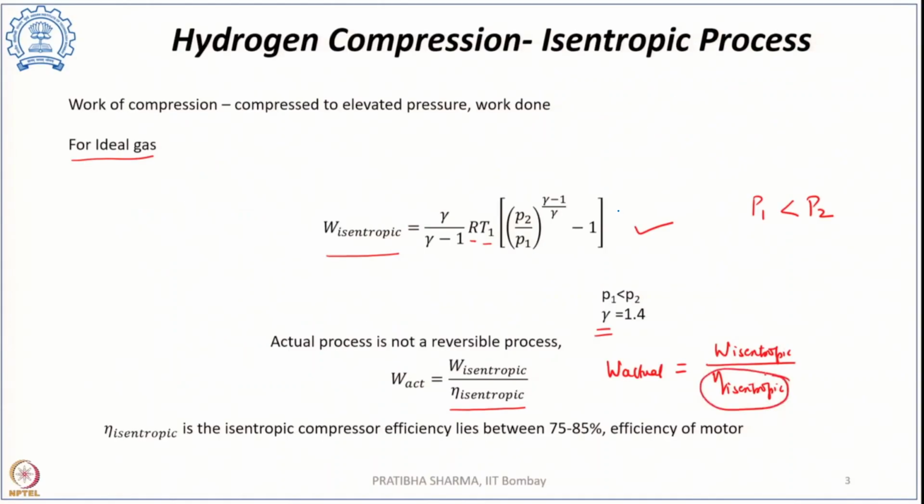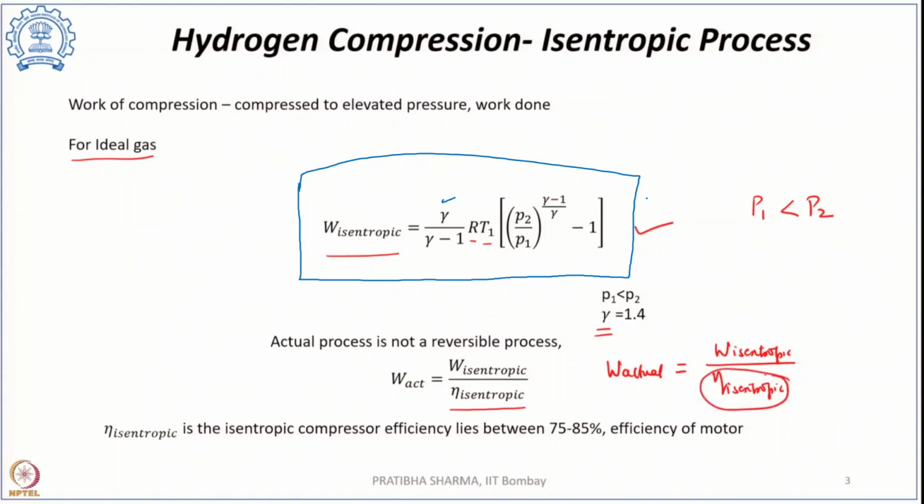This formula is very important: the work done for the isentropic process. Gamma is the specific heat ratio, for air 1.4 at NTP condition. The work is gamma divided by gamma minus 1, times RT, times the pressure ratio P2, the higher pressure, divided by the lower pressure, to the power gamma minus 1 divided by gamma, minus 1.